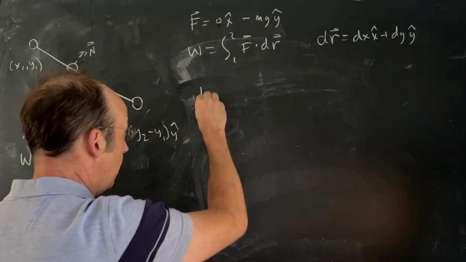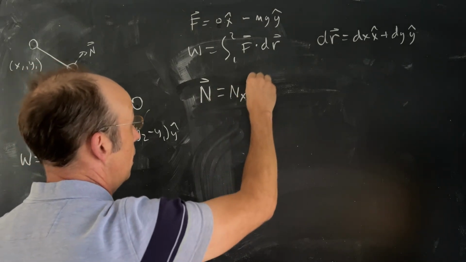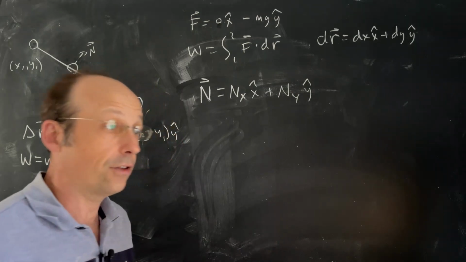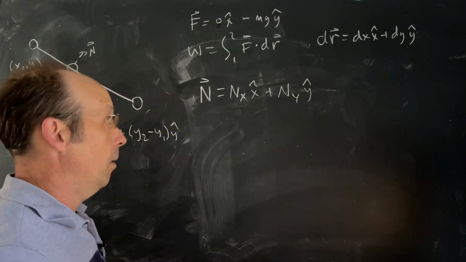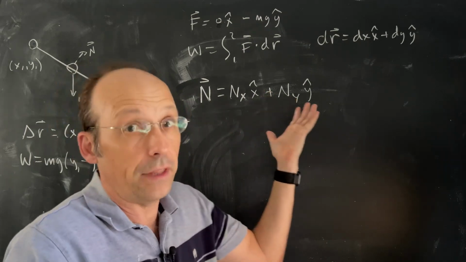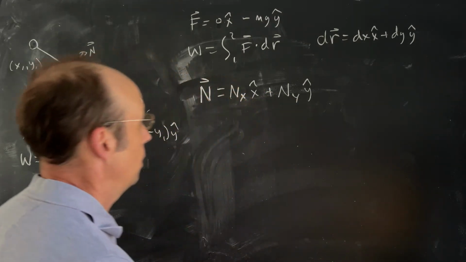So let's say N is equal to Nx x hat plus Ny y hat. So it has an x and a y component. But I need to know that direction. And I can't take the dot product if I don't know that direction. And any old direction won't work. I have to have the direction.